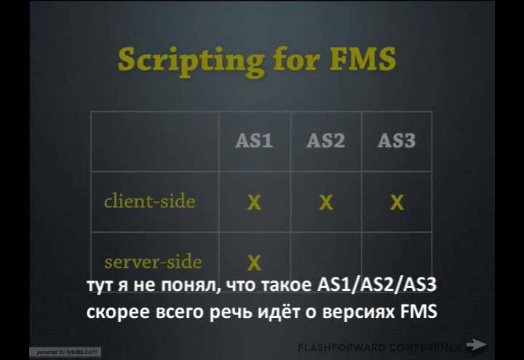But server side, we're still stuck with AS1, unfortunately. A lot of people are not really happy about that, but that's what we're stuck with right now. However, you're used to it. It's retro. You just go back to the way it used to be. And it's not like learning a new language or anything.